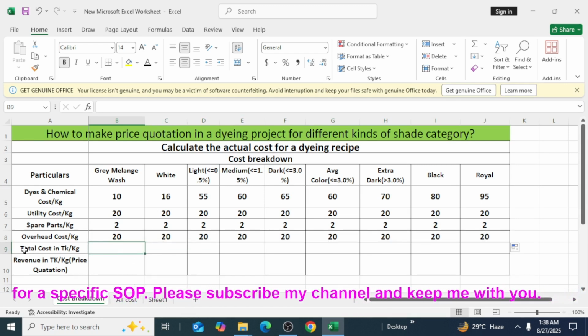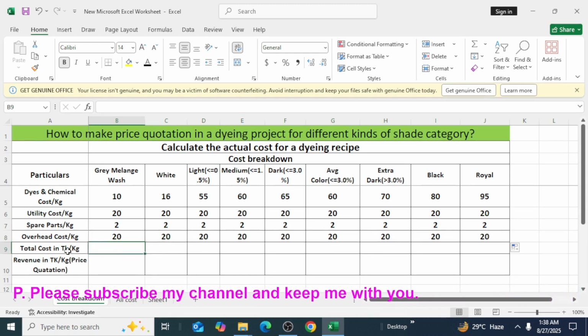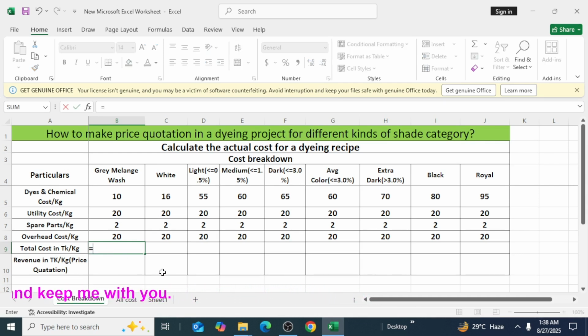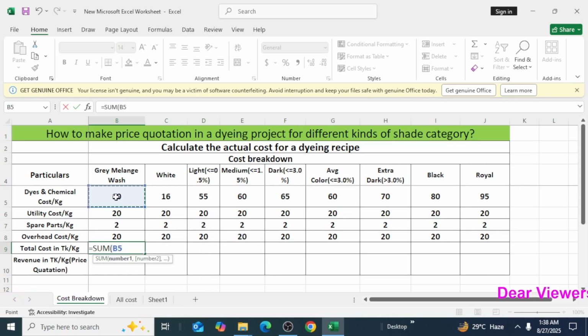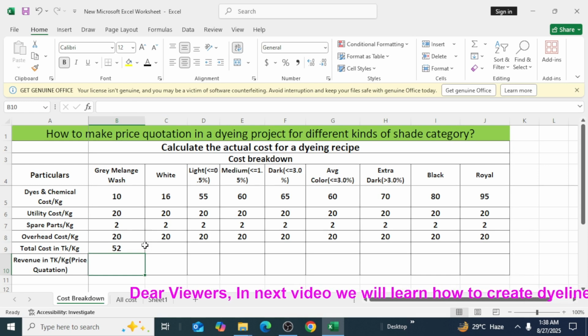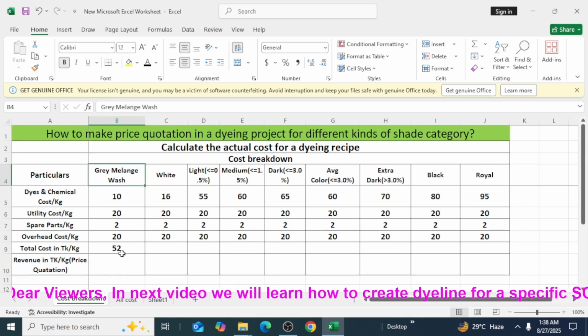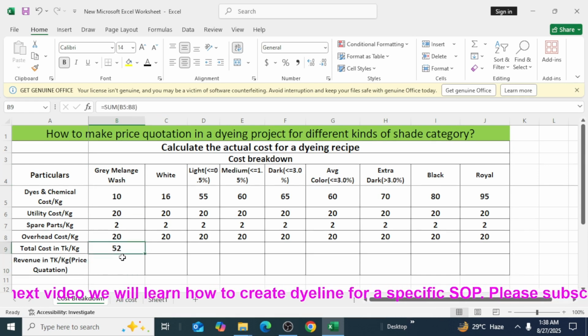Now total cost in taka per kg will be sum of all of these particulars. That means for Gremlin wash your total cost is 52 taka.